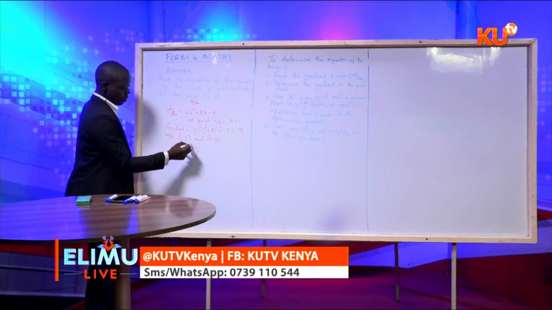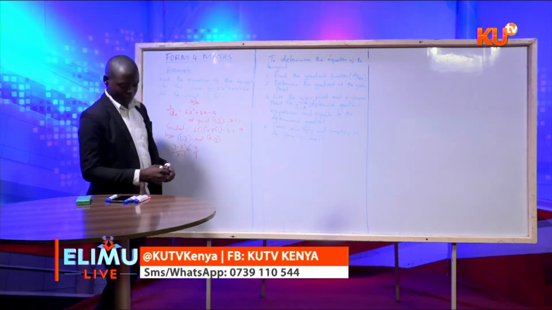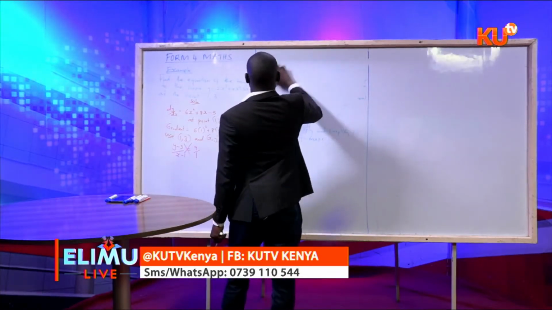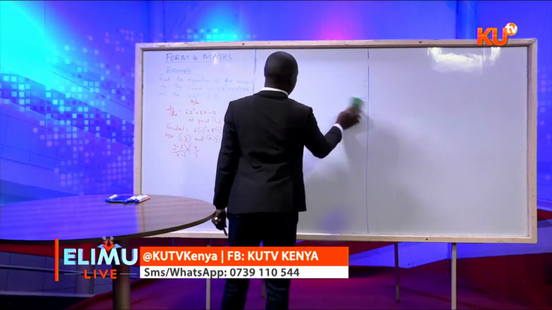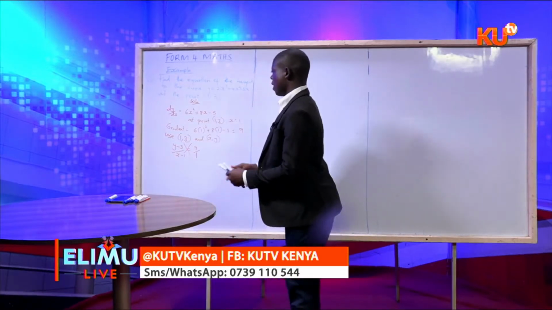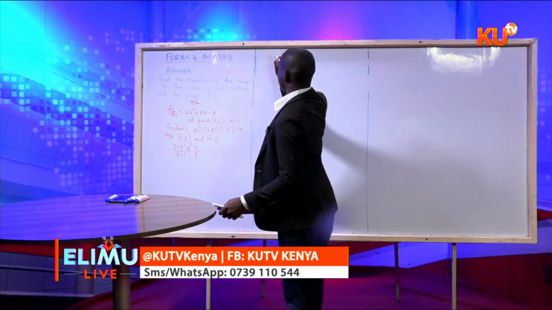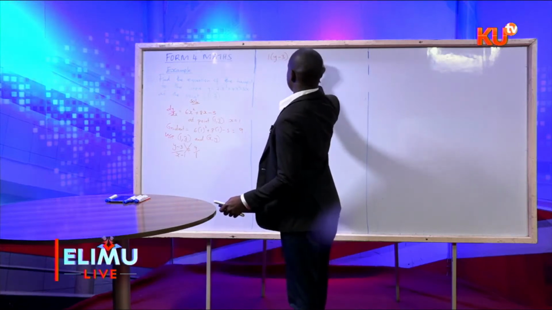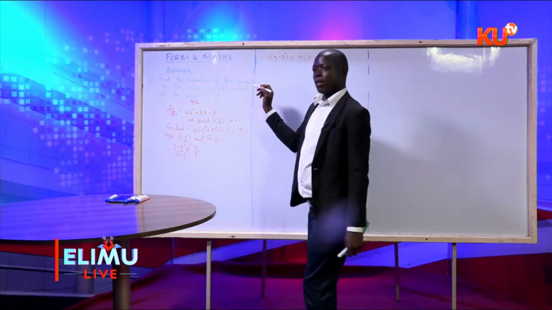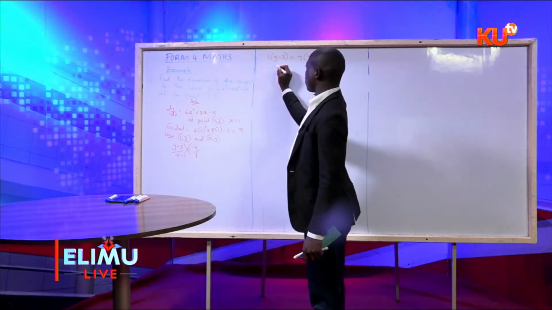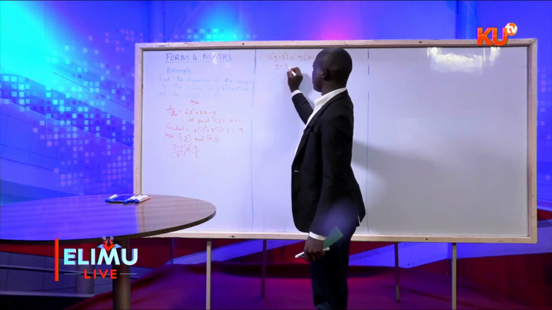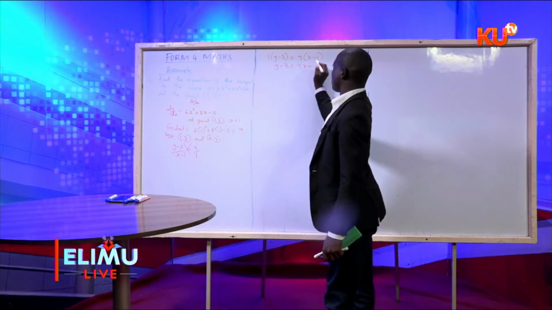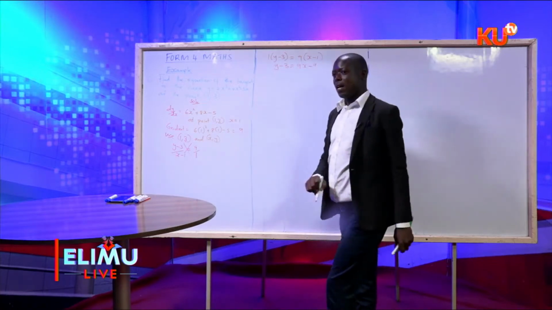Then we cross multiply. If we cross multiply, we end up with 1 into y less 3 equal to 9 into x less 1. So let's multiply this. 1 by y is y less 3. 9 by x is 9x, less 9 by 1 is 9.